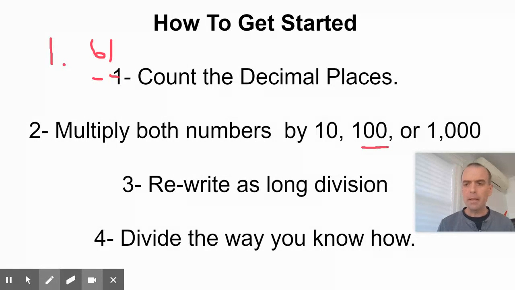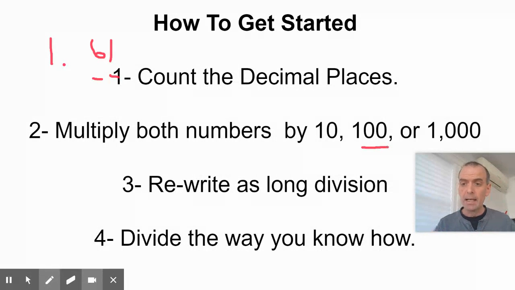So 1.61 times 100 equals 161, okay? Then I just have to multiply the other number by 100 too. What you do to one side, you do to the other side. Then you have a new problem.